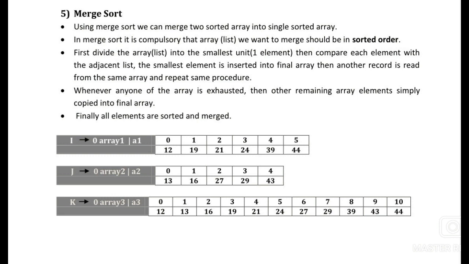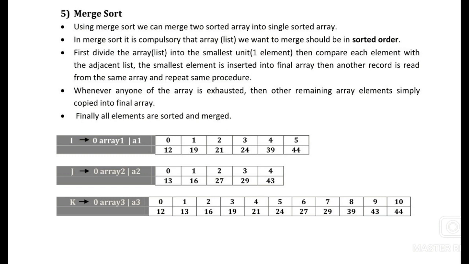This one is our array elements of the data with its index: index 0 is 12, index 1 is 19, index 2 is 21, index 3 is 24, index 4 is 39, and index 5 is 44.